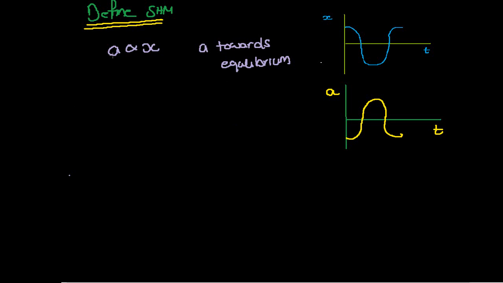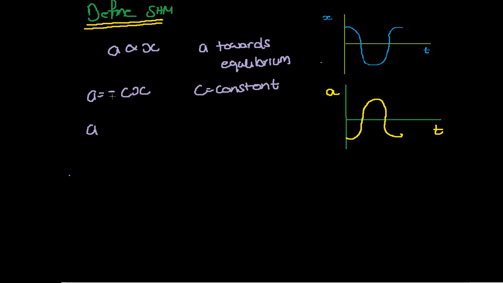We can write this, a is proportional to x displacement, as a is equal to minus cx, where c is a constant, and it's negative because a is in the opposite direction to displacement.